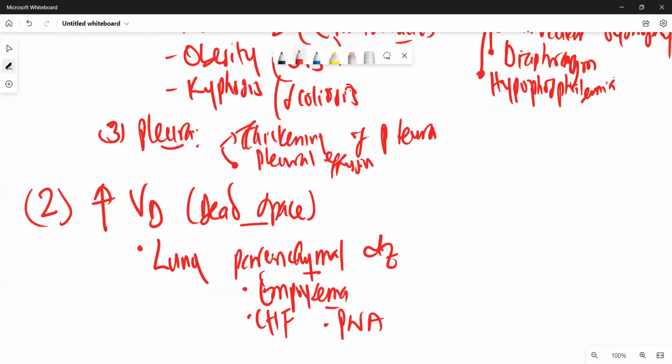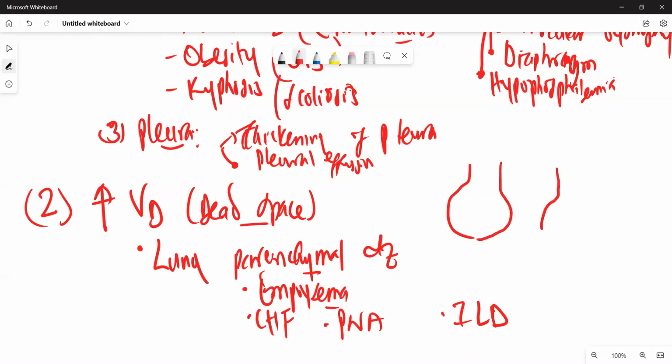The last one we can add is interstitial lung disease, whereby there's fibrosis, and as a result the alveolar wall is very thick, which leads to decrease in diffusion. So the air in those areas will be like dead space, right?